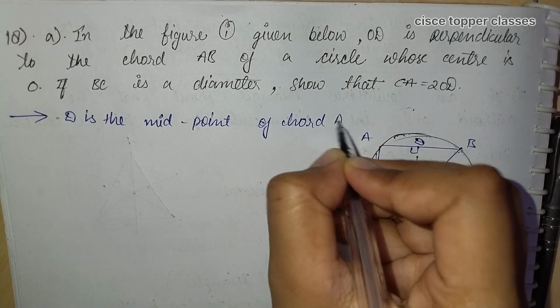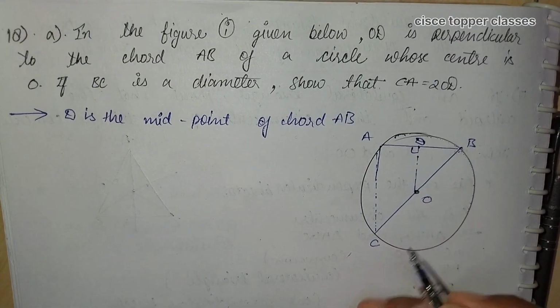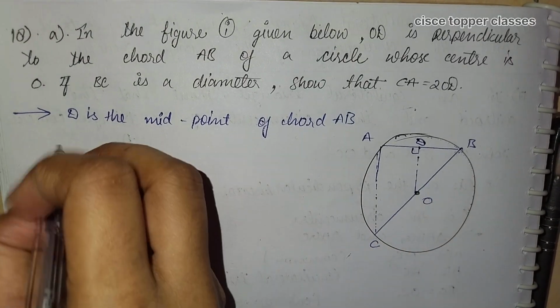By the theorem, D is the midpoint of AB, and O is the midpoint of the diameter BC.